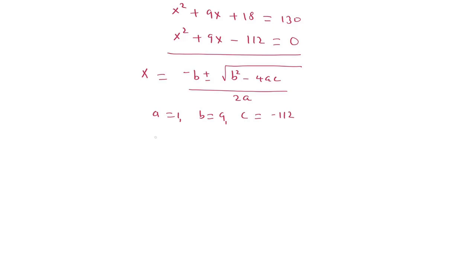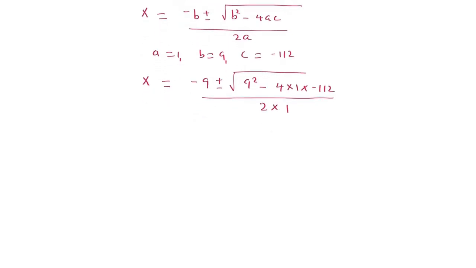Then let us apply these numbers into our formula. Our equation is going to be x equals negative 9 plus or minus the square root of 9 squared minus 4 times 1 times negative 112, over 2 times 1.